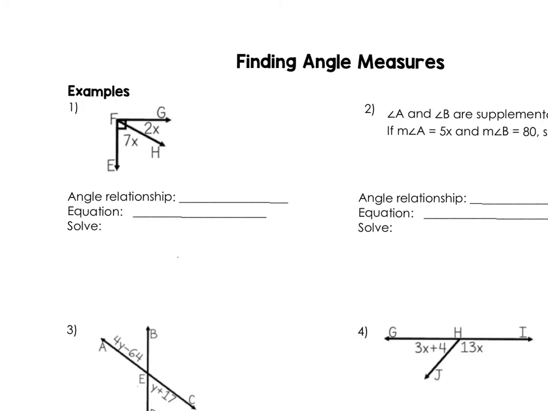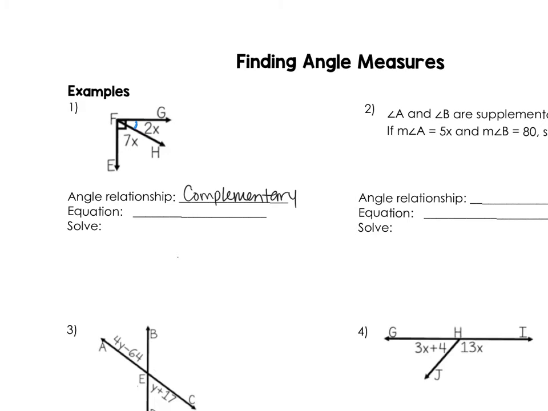So in this first one, my angle relationship, I see that little box in the corner. That tells me these are complementary. If I write an angle statement for these, here's one of my angles.